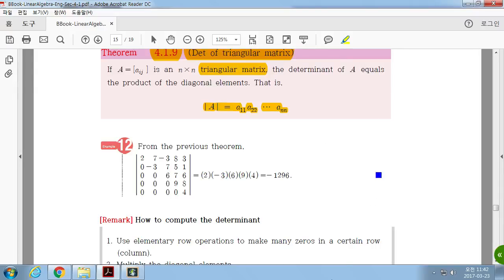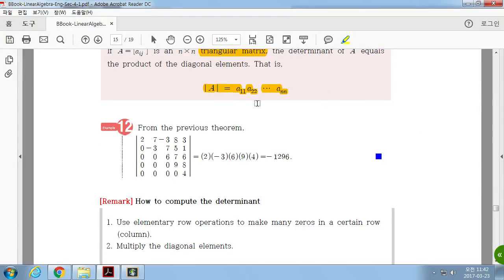When you choose entries from each row and column without overlapping, except for the main diagonal, you have to choose some zeros. So every other term has a 0 in it, so their products are all zeros.